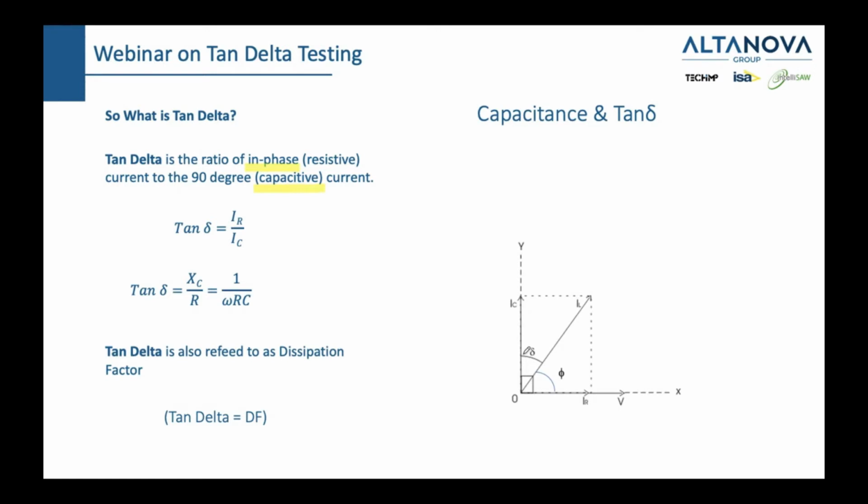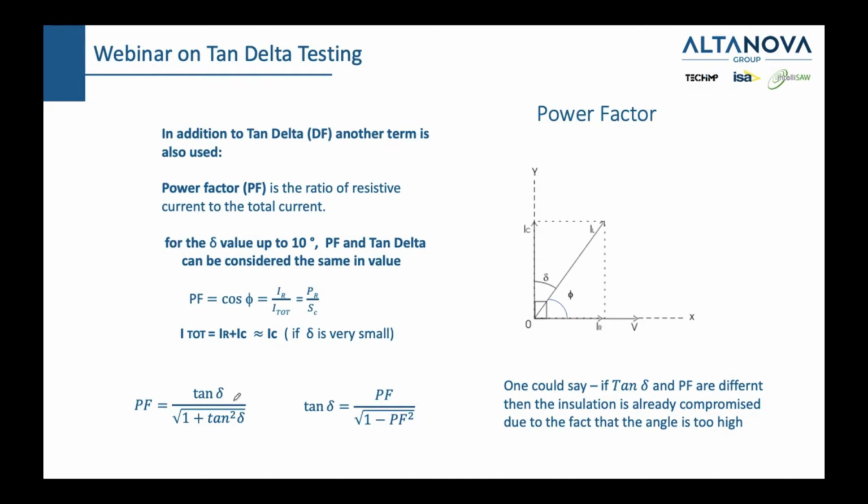Another name for tan delta is dissipation factor. And dissipation factor has been used in some other countries. So let's say in some countries they say I'm measuring C and DF instead of I'm measuring tan delta. And then there are some countries like USA which use the term power factor.